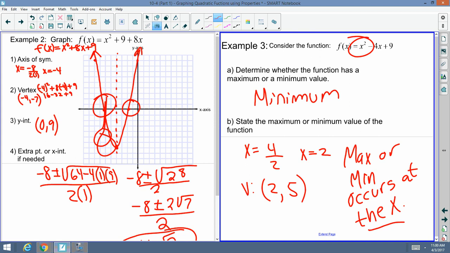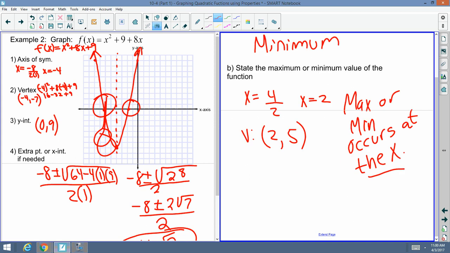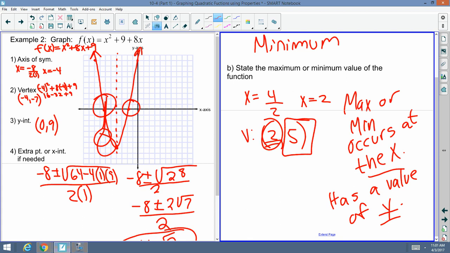So this particular min occurs at x equals 2, but it has a value of y. So the min here occurs at 2, but has a value of 5.